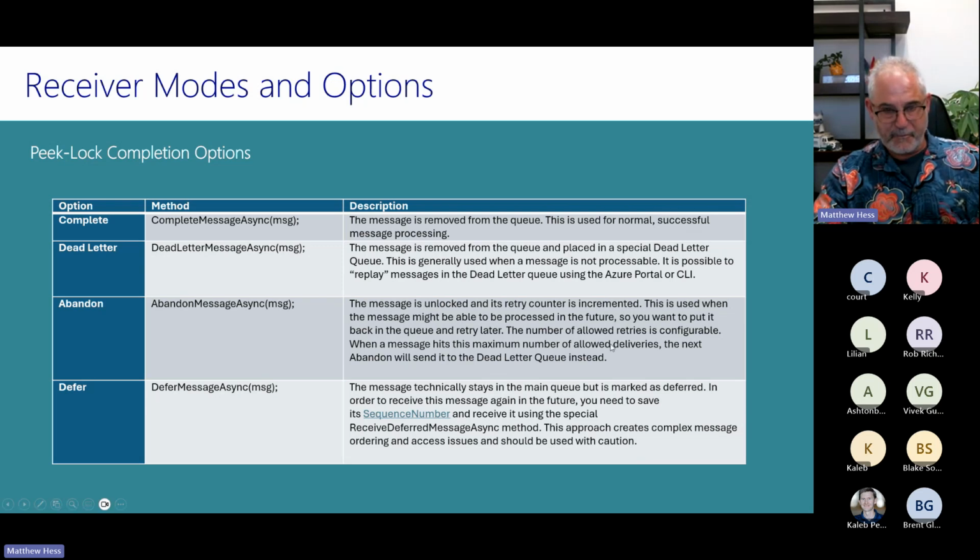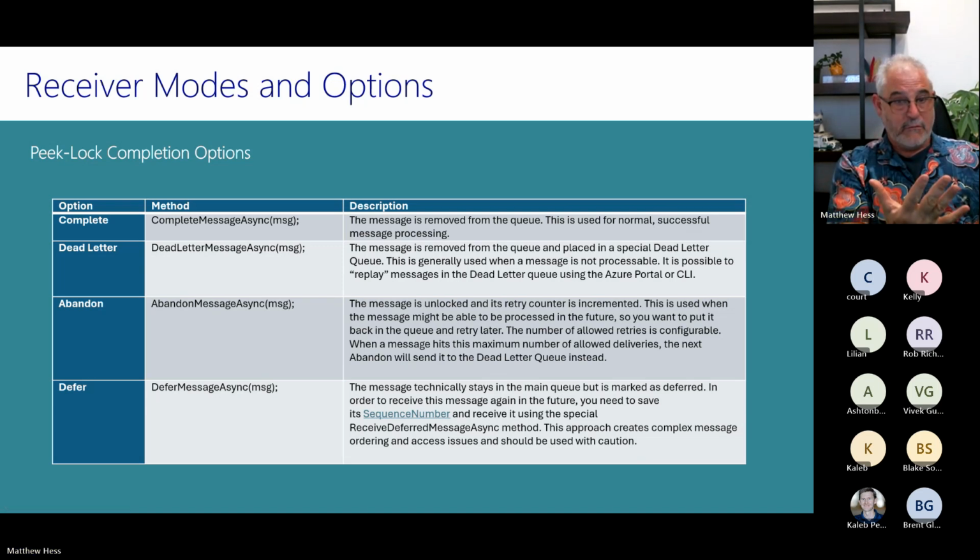Then you have abandon, and this is weirdly named. What it means is the client is abandoning it, not the server. So you call AbandonMessageAsync, and here's what happens. The message is unlocked and its retry counter is incremented. So basically, it reappears in the queue. You had it locked, you abandoned it, it's back in the queue.